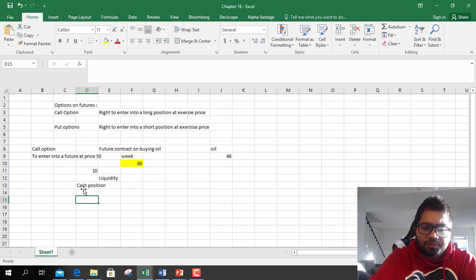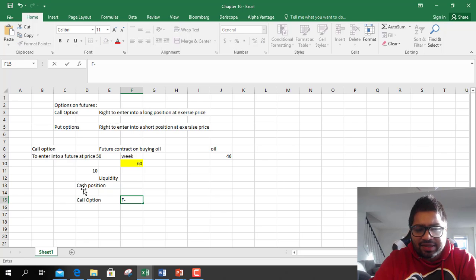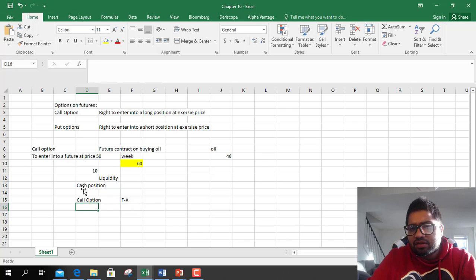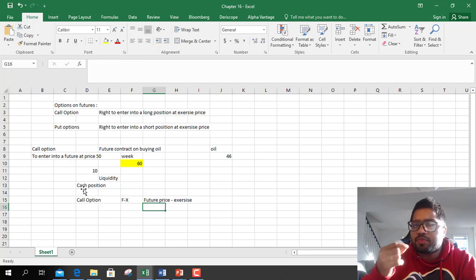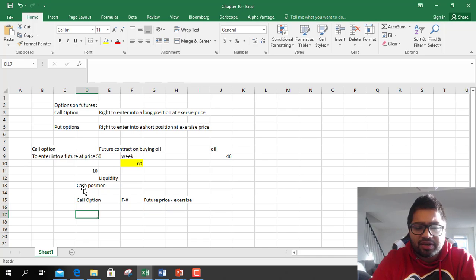If it is a call option, the profit will be future price F minus exercise price X. For a call contract, it is future price minus exercise price, of course per unit, so you have to multiply by the number of units you are trading.